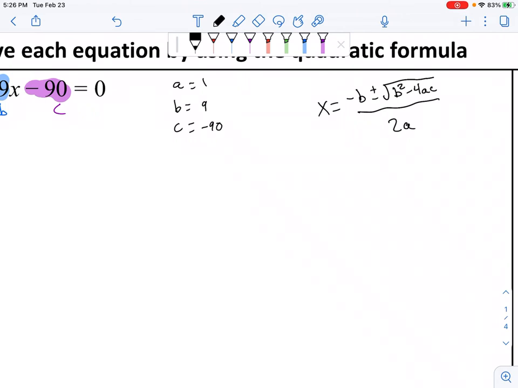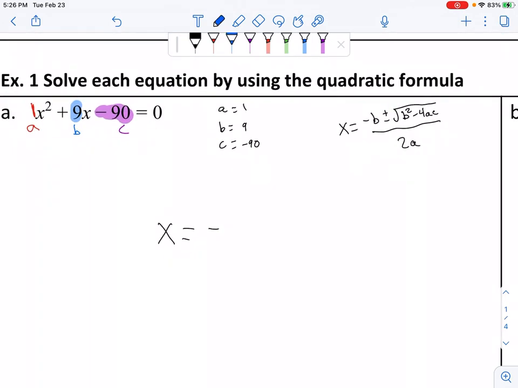So let's start replacing stuff. X equals negative, and then instead of b, I'm going to plug in a 9, plus or minus the square root of my b value squared. So my b value again is 9, minus 4 times a times c.